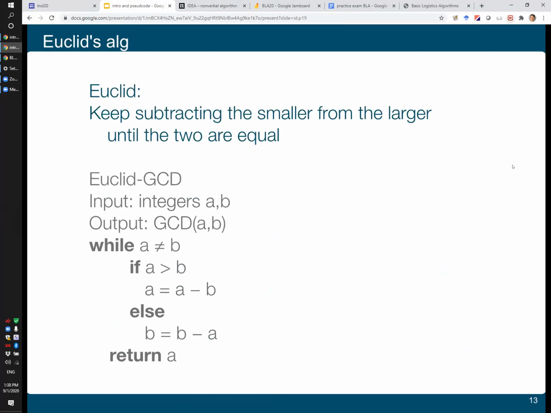Okay, so here is our first algorithm. It is the algorithm for finding the greatest common divisor of two numbers. And here are the two ways of describing this algorithm, called Euclid's algorithm. So one is just, in plain English, you keep subtracting the smaller number from the larger number. And here is the description of this algorithm in something which is called pseudocode.